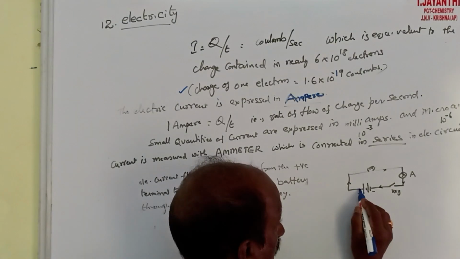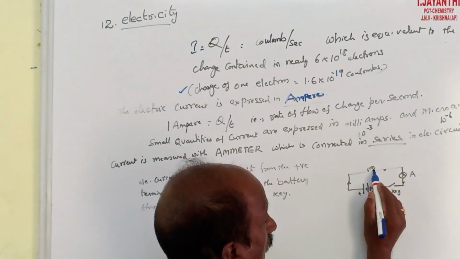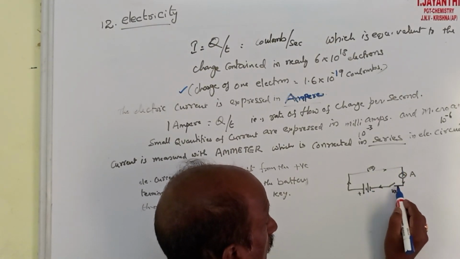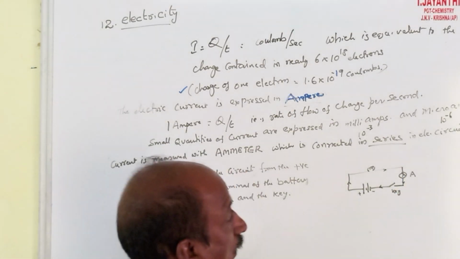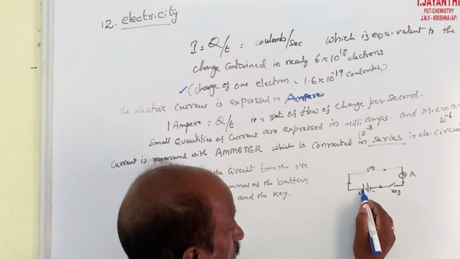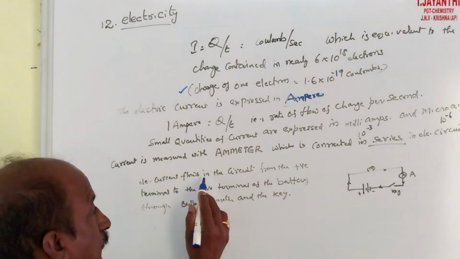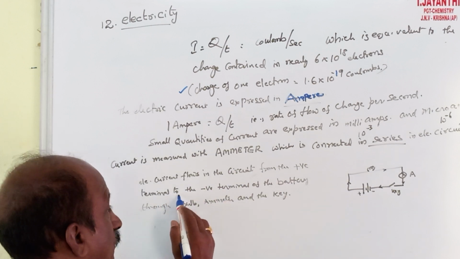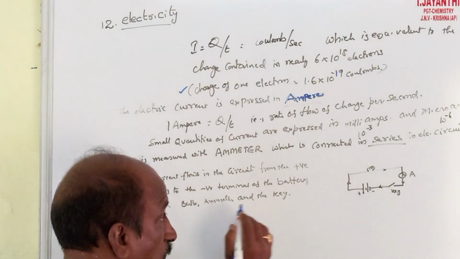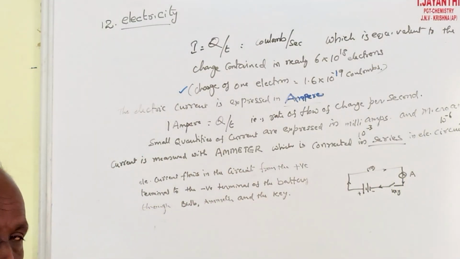Now the positive terminal is given to the bulb, and the negative terminal is connected to the negative terminal of the battery via ammeter and the plug key. The electric current flows in the circuit from the positive terminal of the battery to the negative terminal through the bulb, ammeter and the key. Okay.